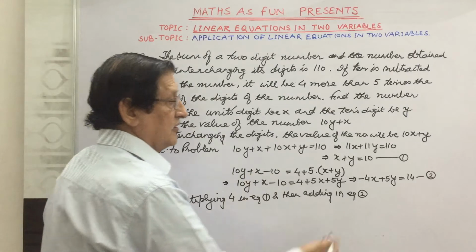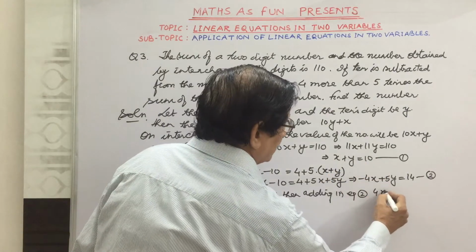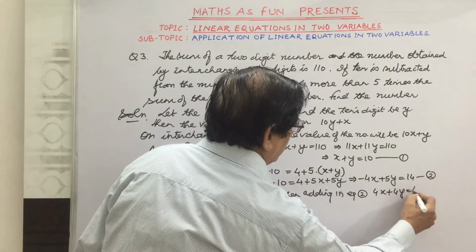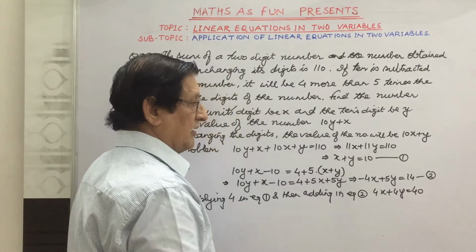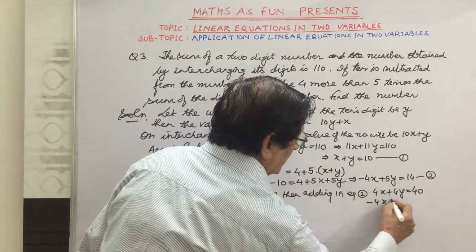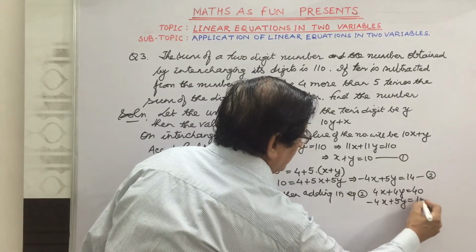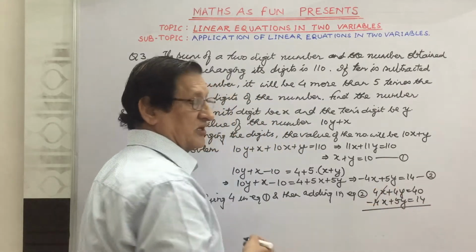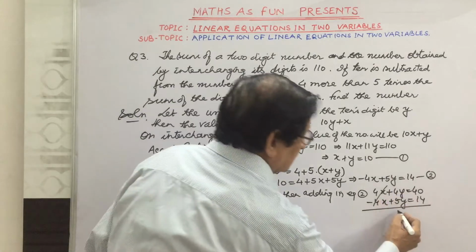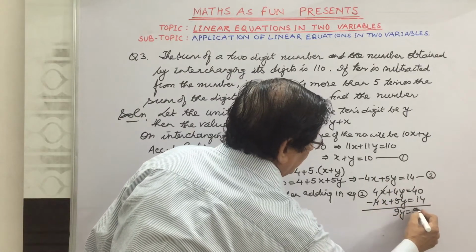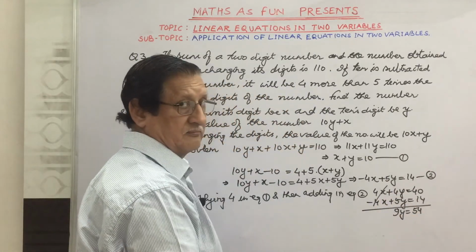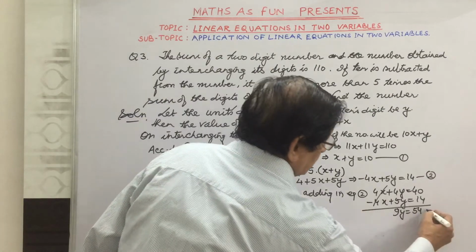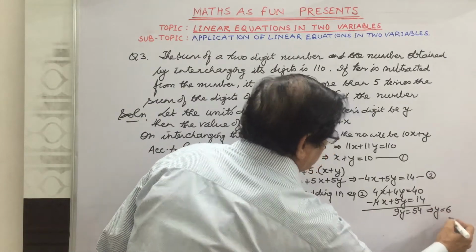Let's see what we get. When we multiply by 4, this becomes 4x plus 4y equal to 40. And this is minus 4x plus 5y equal to 14. If we add them, 4x cancel out, and this is 9y equal to 54, which gives us y equal to 6.